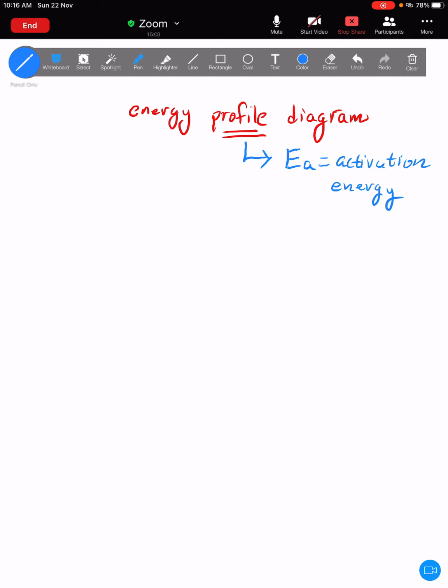Again, minimum energy needed to change reactant to product. You must mention the words minimum energy. The keyword over there is the minimum energy needed to change the reactant to product.